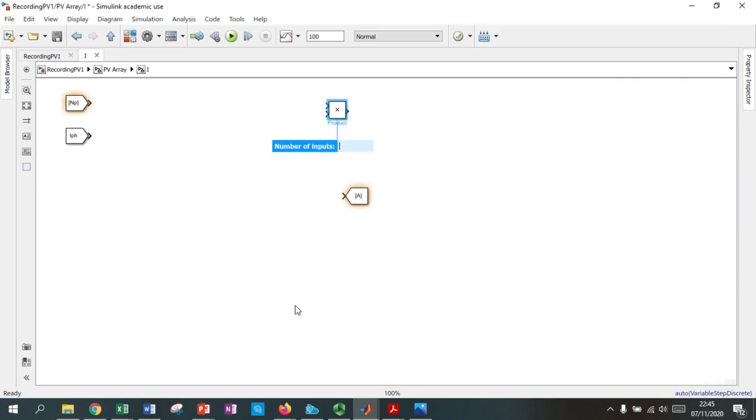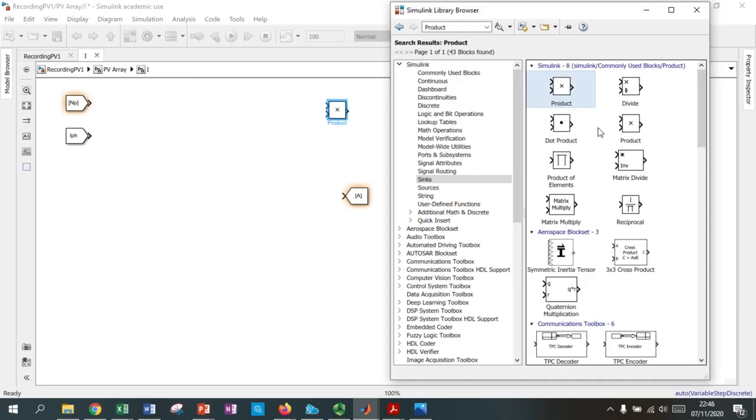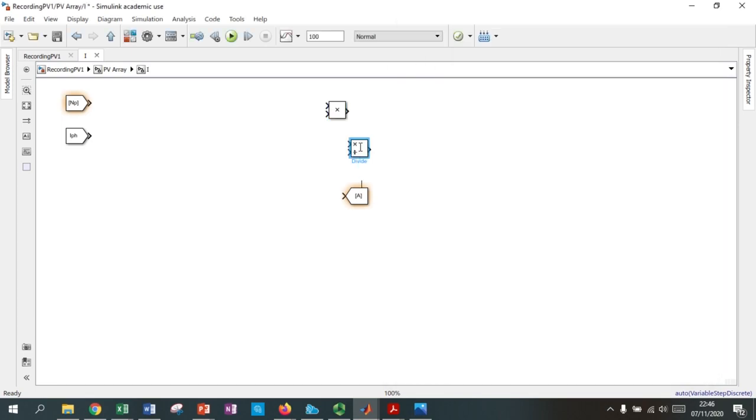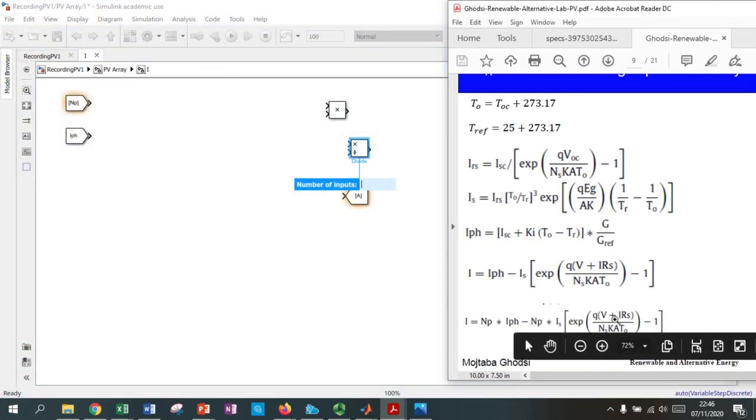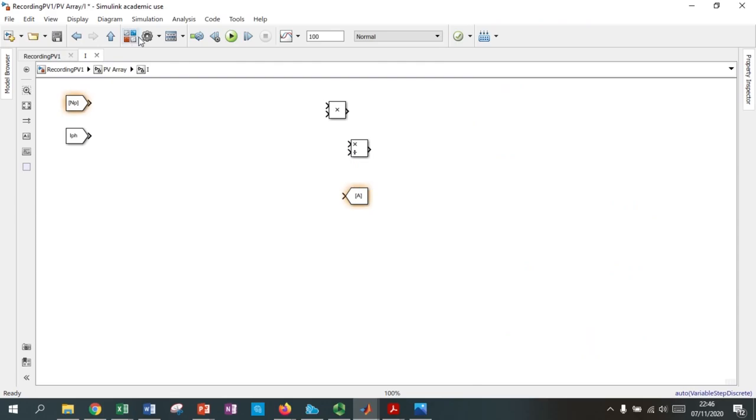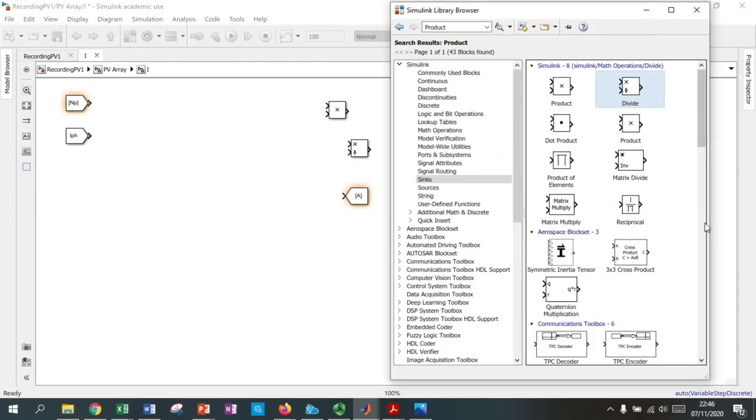And also we need some other icons like divide, product, and also look at this part. We will find we also need add. Then I will try to bring all of them, which are available here in the math operation.